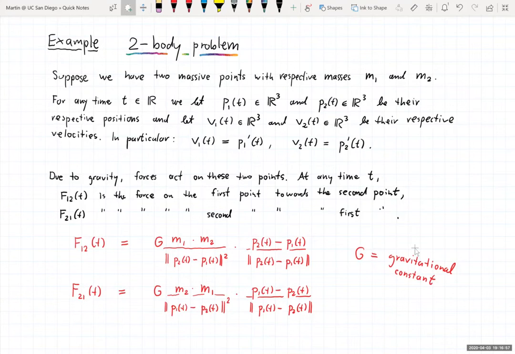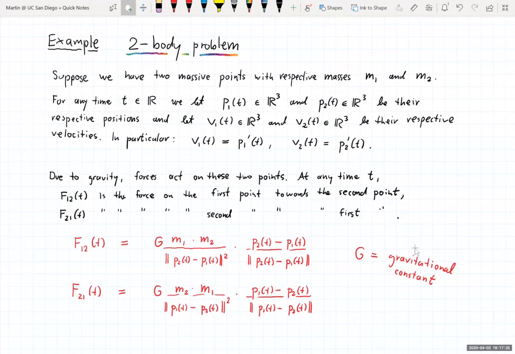The most simple setting of Newtonian dynamics is the dynamics of two bodies that move throughout space and interact via gravity. So suppose that we have two massive points, literally massive in the sense that each of them has a mass, and their respective masses are m1 and m2.